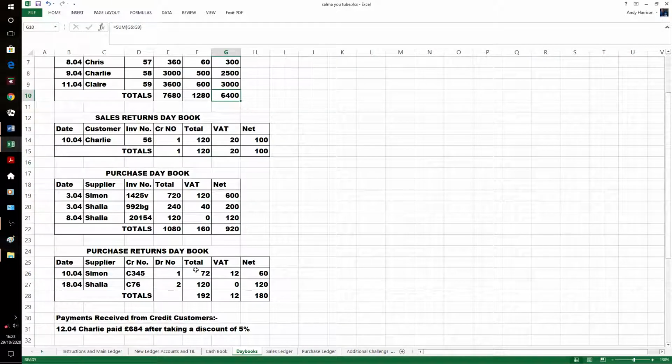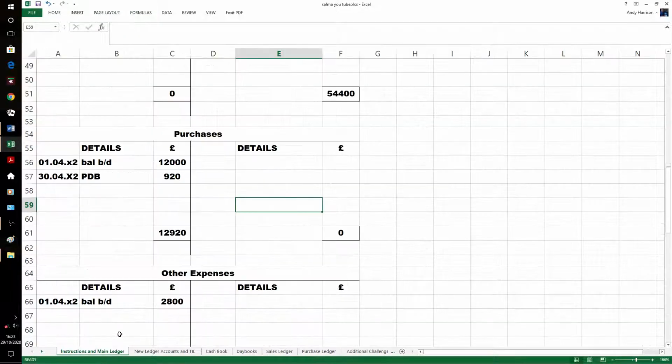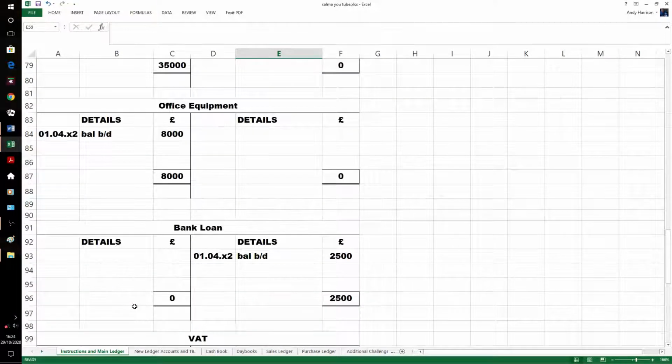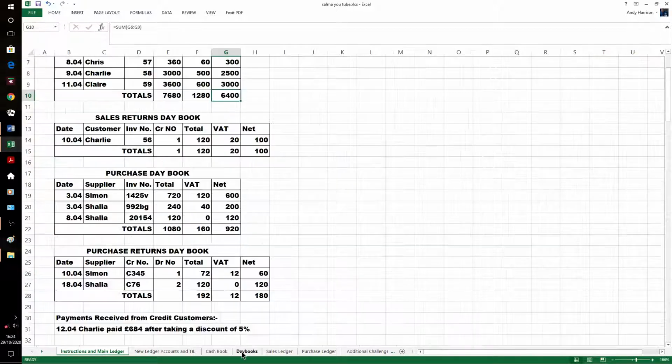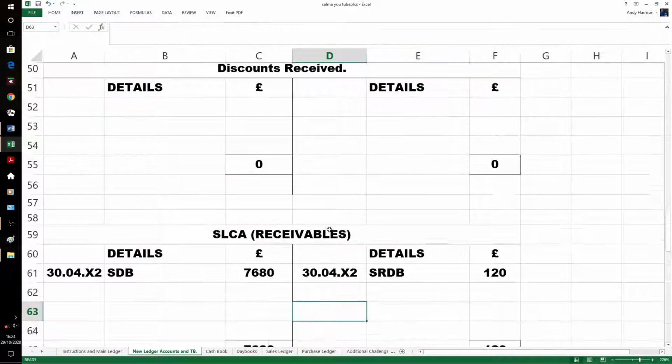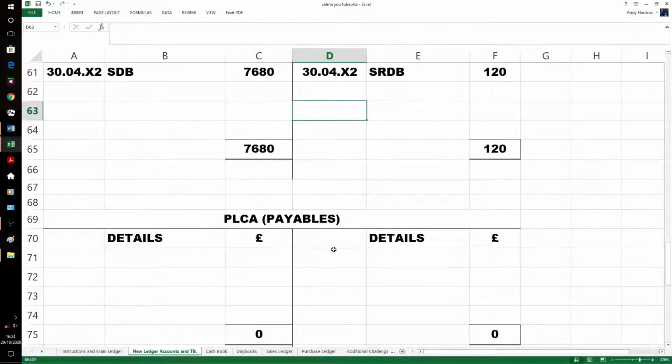VAT 160 on the same side. And then the total of 1,080 into our new control account. We owe money to suppliers.